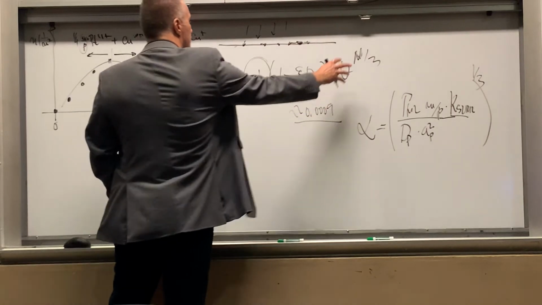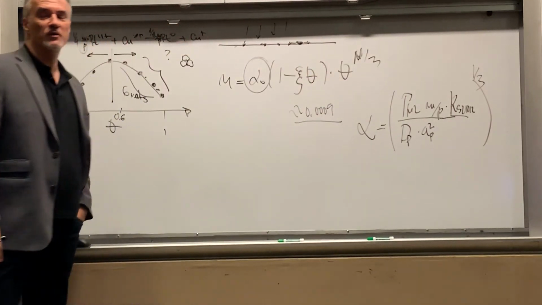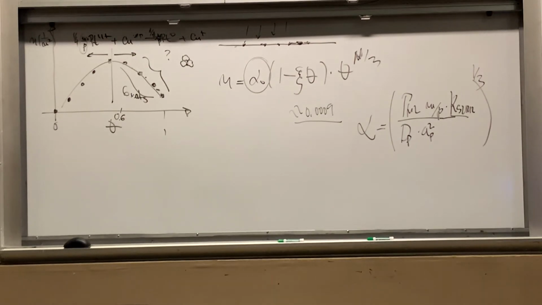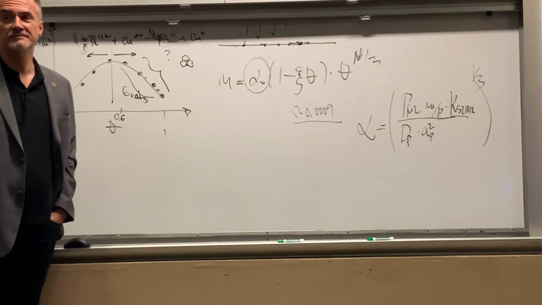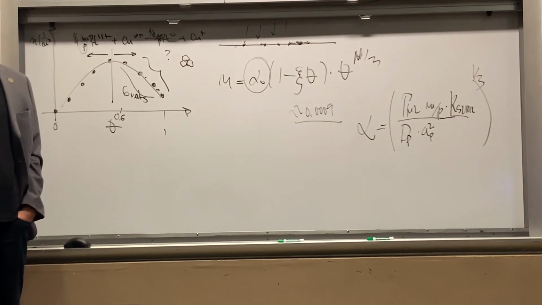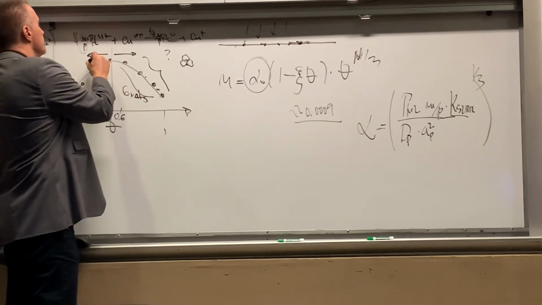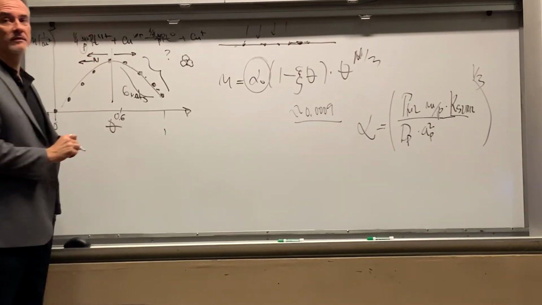This is 2. This is still 1 minus theta. Where would be the mass? 0.75. So you say increasing n shifts it right, okay.